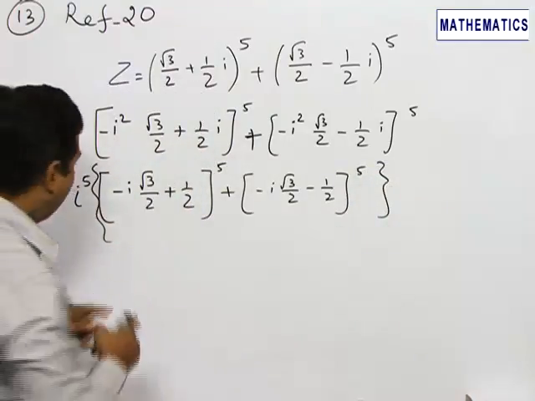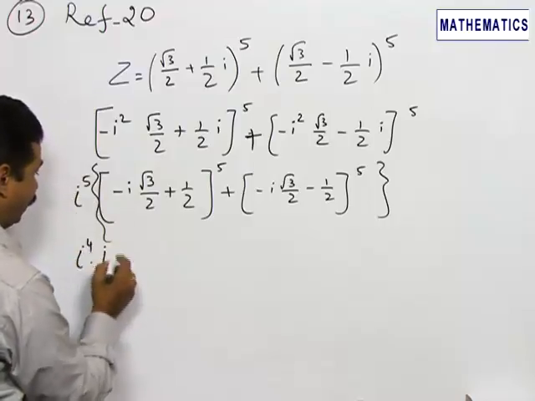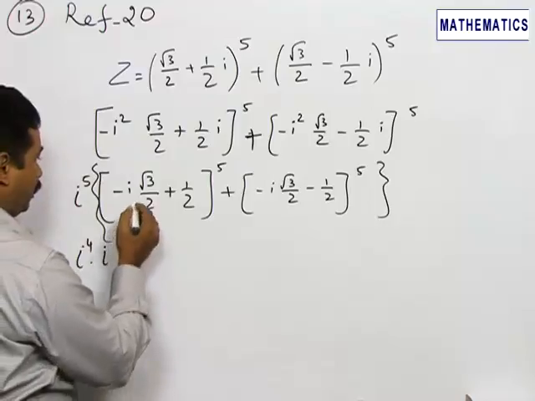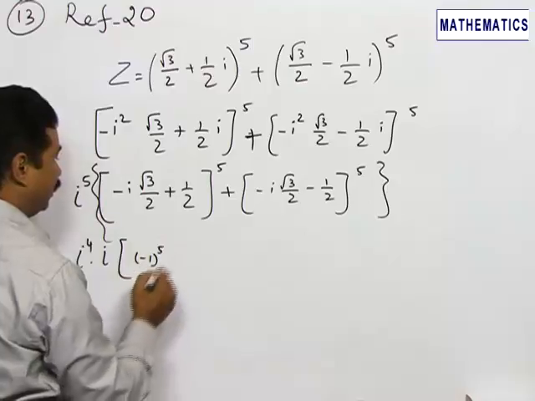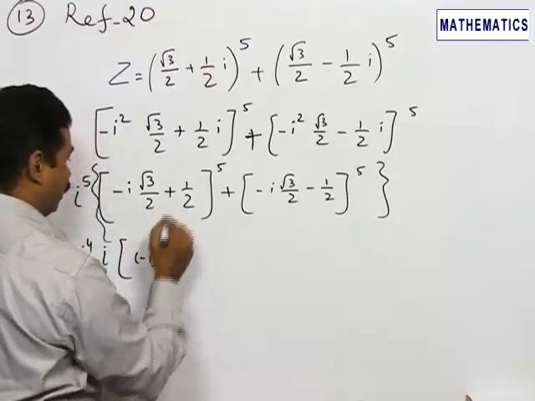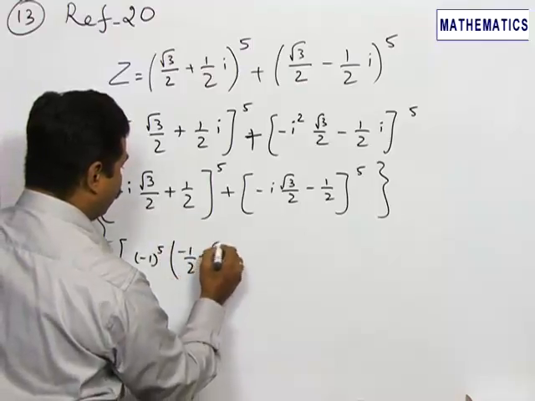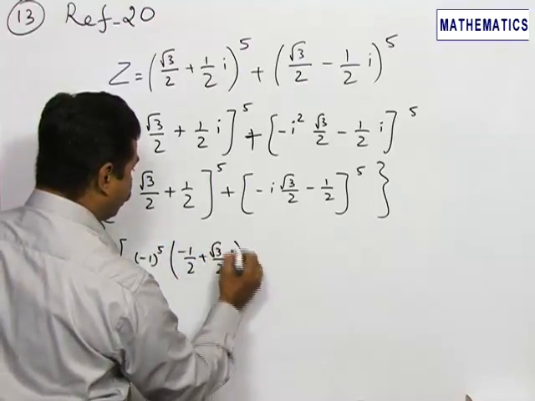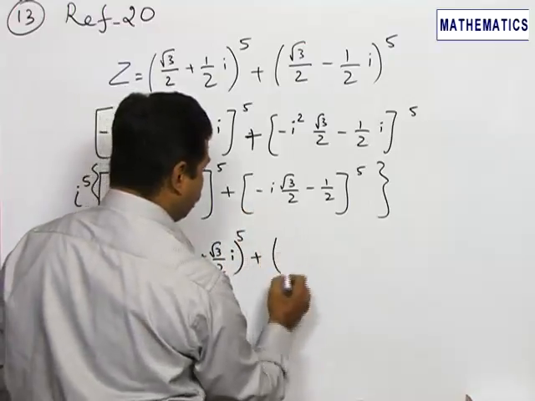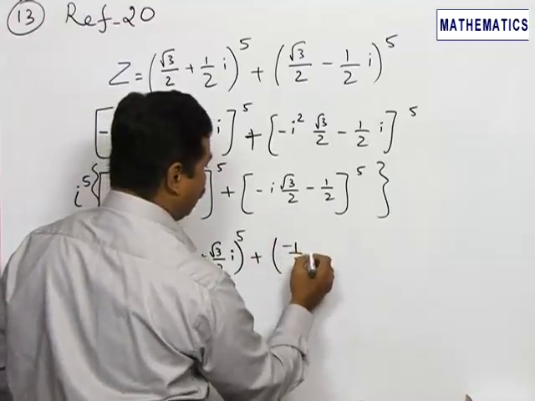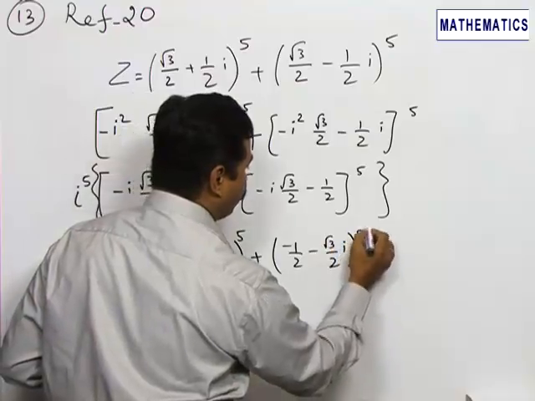Here the quantity i power 5 can be split into i power 4 into i, and if I take minus 1 power 5 from this quantity, then this will be adjusted as the complex cube root of unity: (minus 1 by 2 plus root 3 by 2 i) to the whole power 5, plus this other quantity, which is already in the complex cube root of unity form, to the whole power 5.